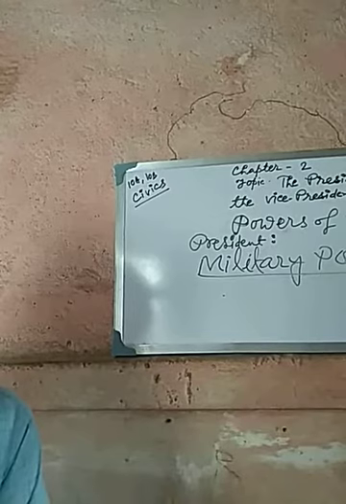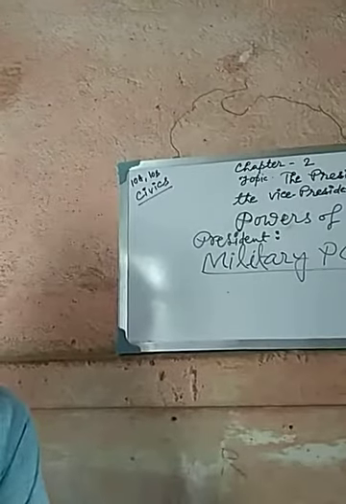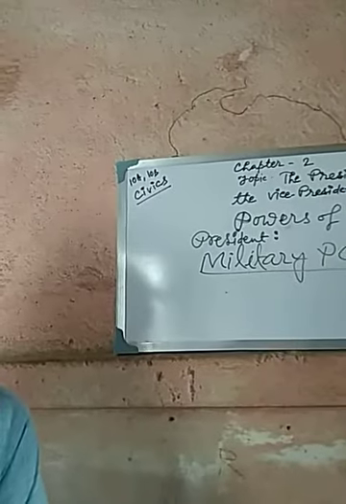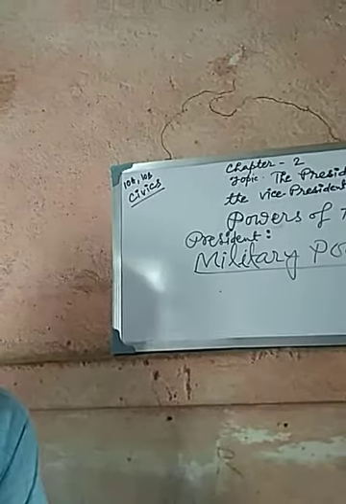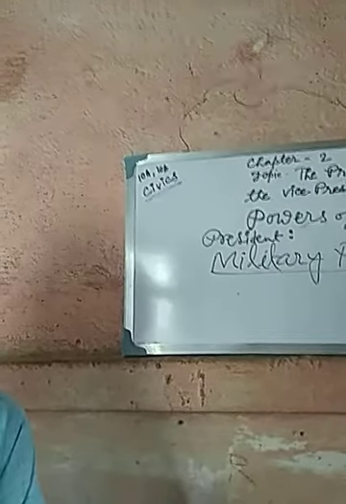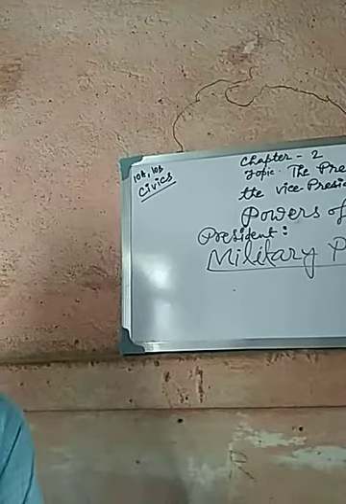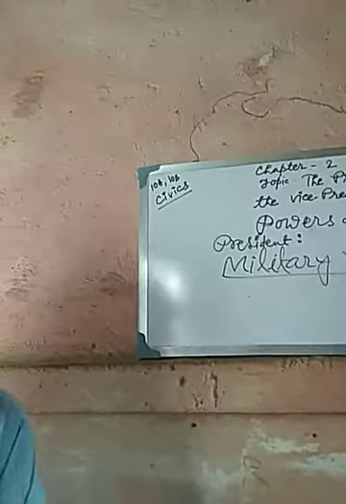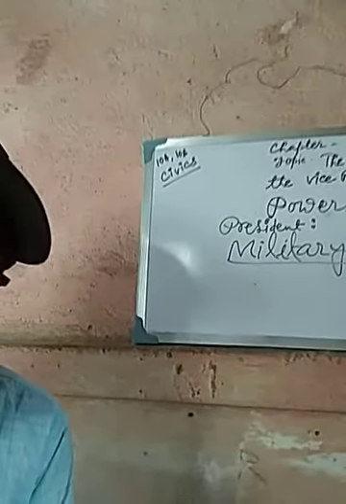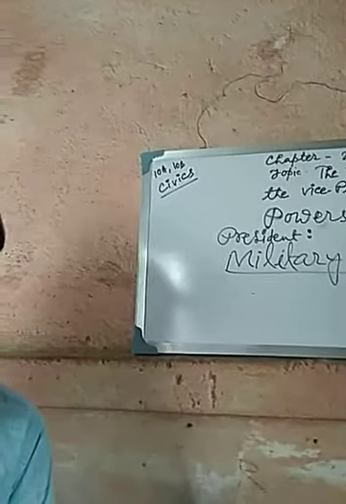That boy added one executive power in it. What was it? The president appoints the chairman of the Planning Commission and the members of the Planning Commission. It is absolutely wrong, because it is the executive power of the President, but he wrote it for military power.